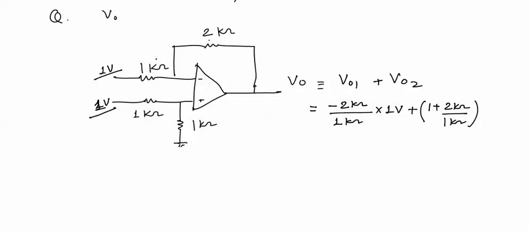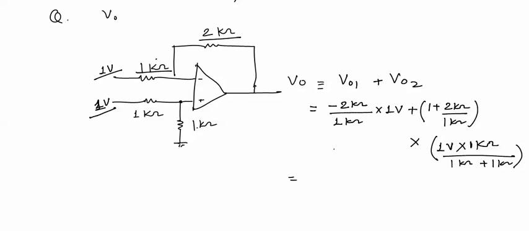The 2 kilo ohm is this resistance, 1 kilo ohm is this resistance. 1 plus RF by R1, this is the gain, multiplied by this voltage Vp, which can be calculated as the applied 1 volt multiplied by this 1 kilo ohm, divided by the addition of both the impedances, 1 kilo ohm plus 1 kilo ohm.